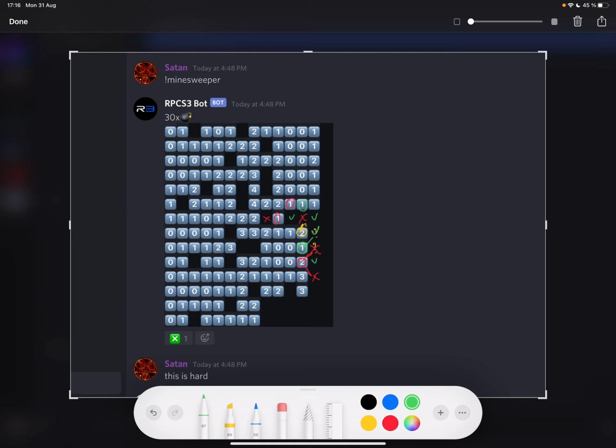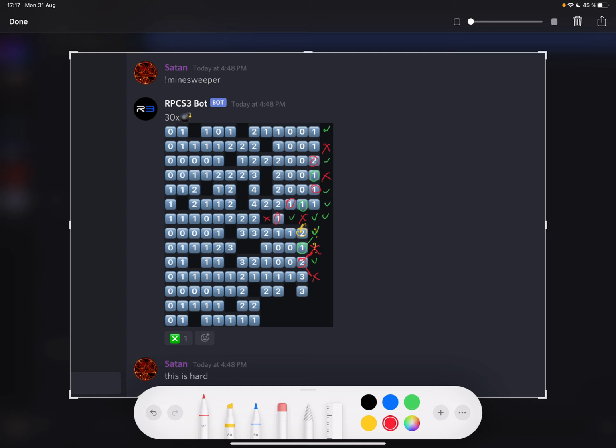Now this 1 is also telling us there are no mines here. And this 1 is telling us there is a mine here. And next one, where there isn't a mine. And these 2 where there is, and so forth.